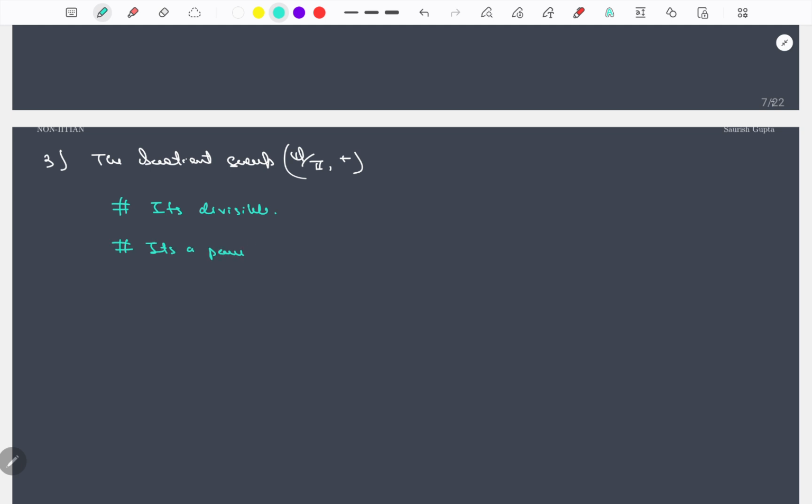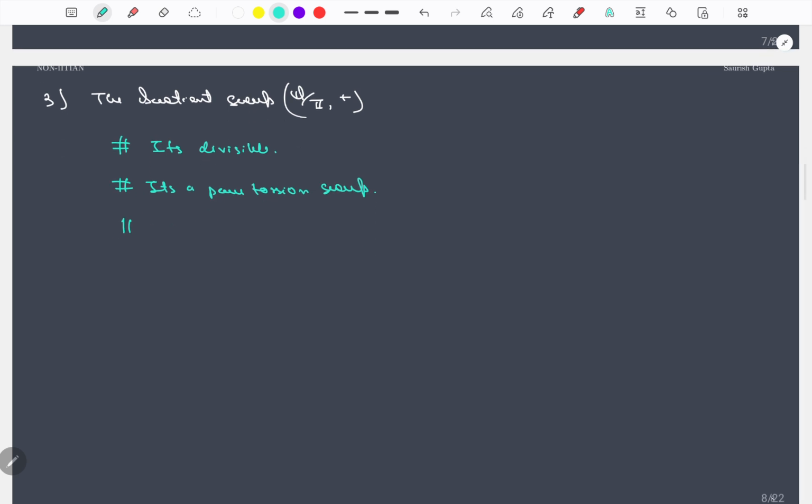That is, every element is of finite order, and I told you the reason why. The next important property is that the number of elements of order n in Q mod Z is phi(n), a property you typically see in cyclic groups, is somewhat observed here as well.